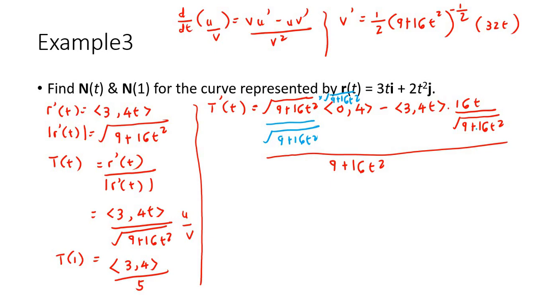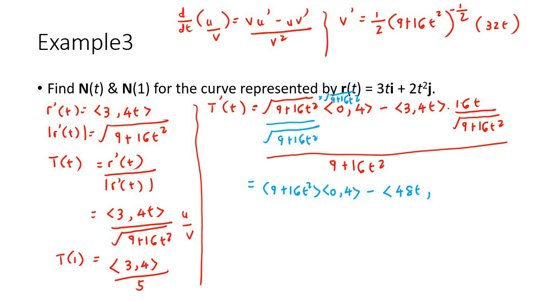Now we have the same denominator, we can divide it together with 9 plus 16t squared as in example 2 just now. So we have 9 plus 16t squared multiplied with 0i plus 4j, then this one as one vector: 3i times 16t is 48t.